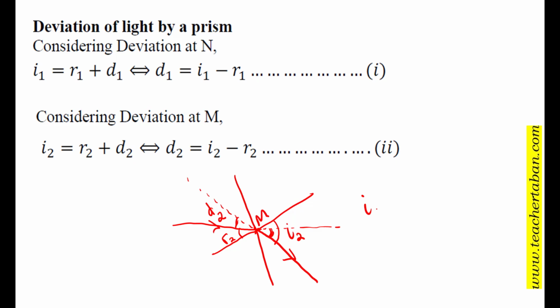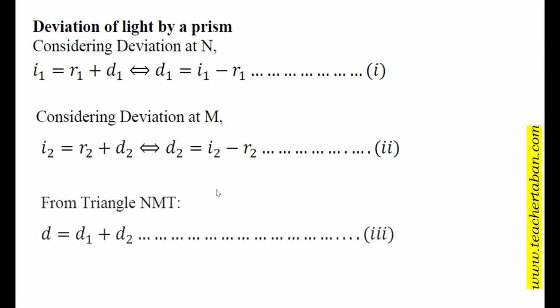So likewise, angle I2 is the same as the sum of D2 plus R2, implying therefore that our D2, angle of deviation at point M, is given by I2 minus R2, like that. So which means therefore that from the triangle NMT, the total angle of deviation D is equal to D1 plus D2, like we saw.